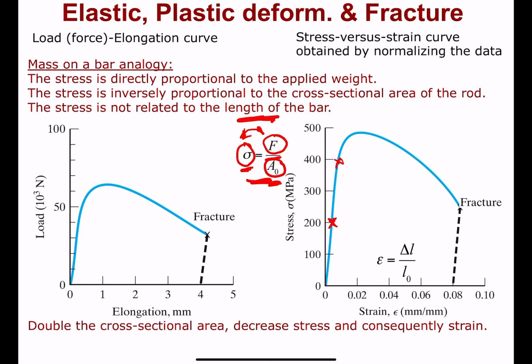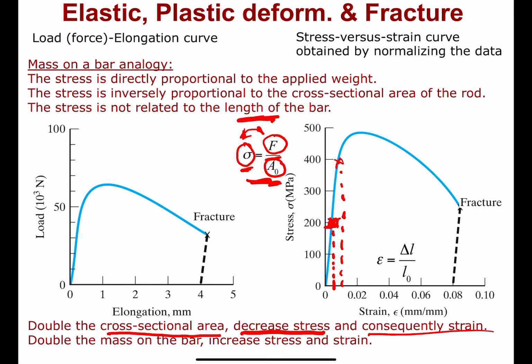So we'll come down to, say, 200 instead on our stress strain curve. That also means that our strain, which was originally, say, about there, has now decreased to a lower value as a consequence of that different bar that we're considering in this experiment. Okay, so by choosing a larger cross-sectional area rod, you are expecting a decrease in the stress versus what you had with the skinnier rod, and consequently the strain is reduced.